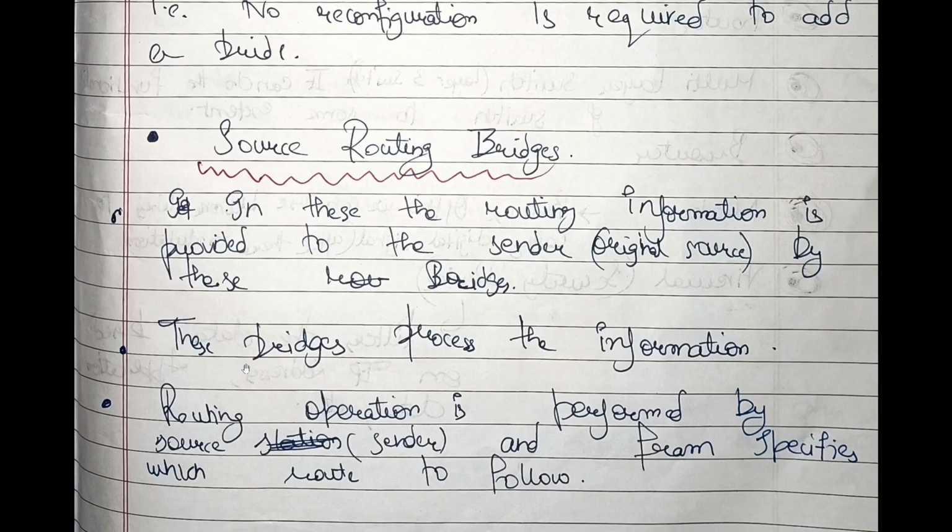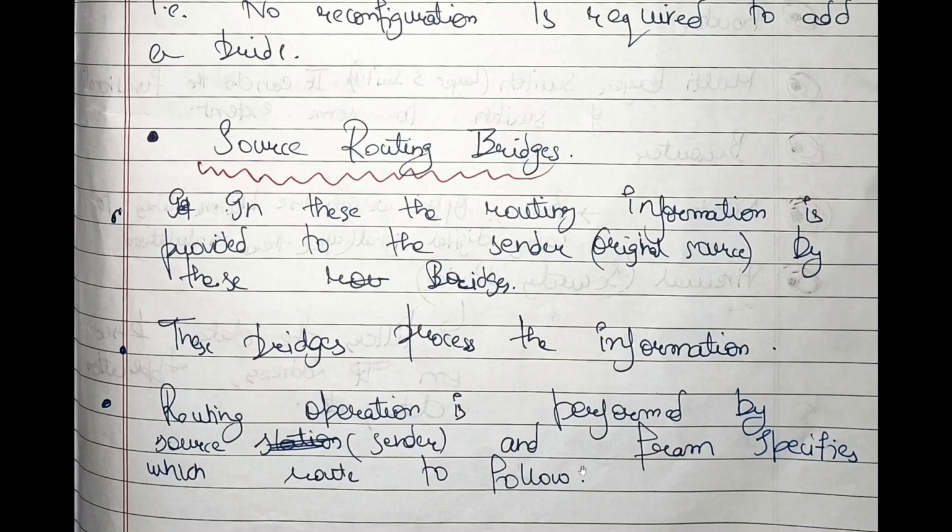Okay, so it's also written over here, which I read earlier. These bridges process the information. The routing operation is performed by the source, the sender, and the frame specifies which route to follow. Then I will be telling you via the frame which route you have to follow. I will be storing that information in the frame. I am the sender, there is a bridge in between, and the bridge is going to send me the routing information. On the basis of that information, I am going to process what the route should be, that is, do the routing operation.